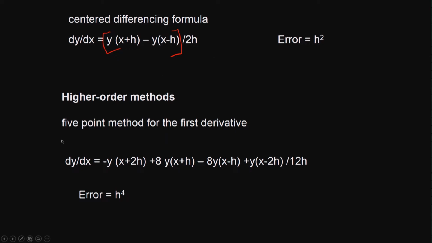Among higher order methods, there is one method which is called a 5-point method, as you can see here. So, you calculate the function at 2h, minus 2h, h and minus h, and then you use this formula and divide by 12h to calculate the first derivative.